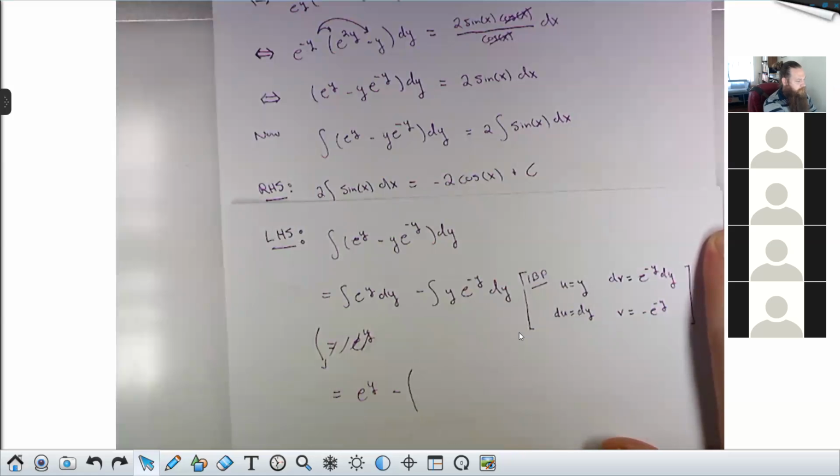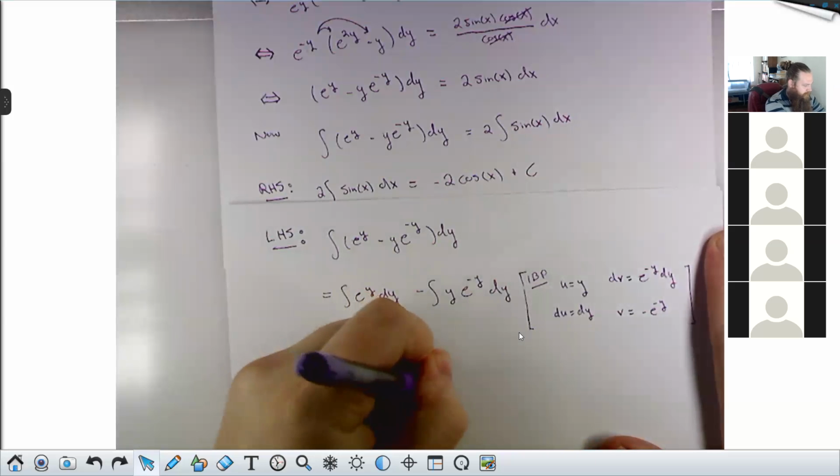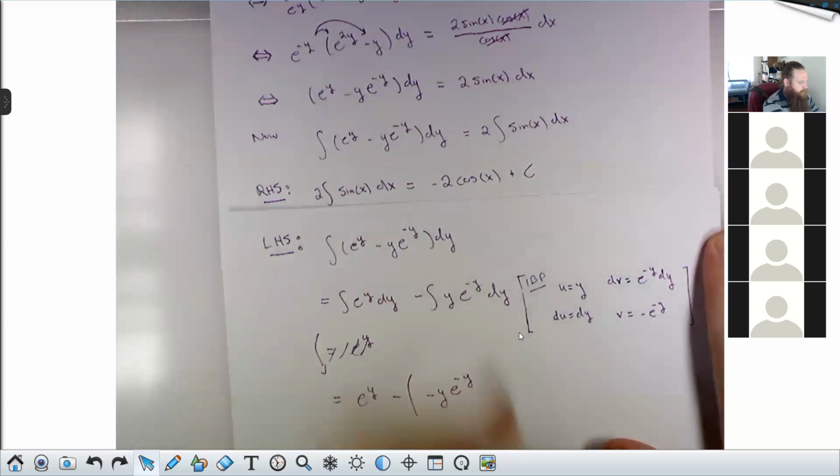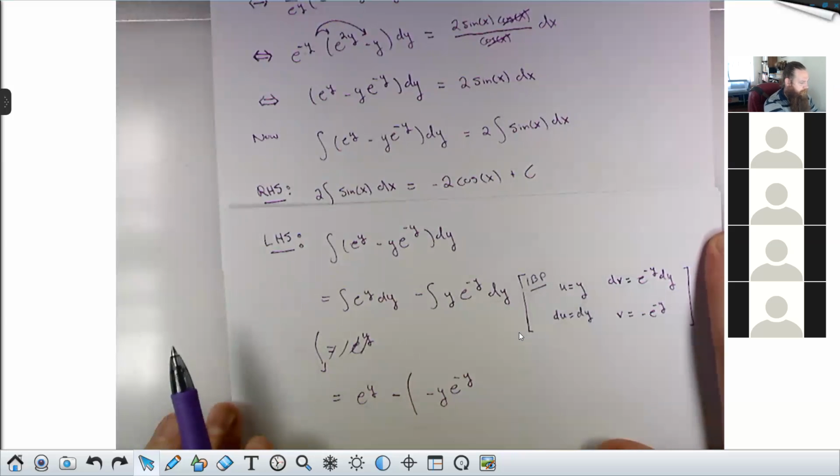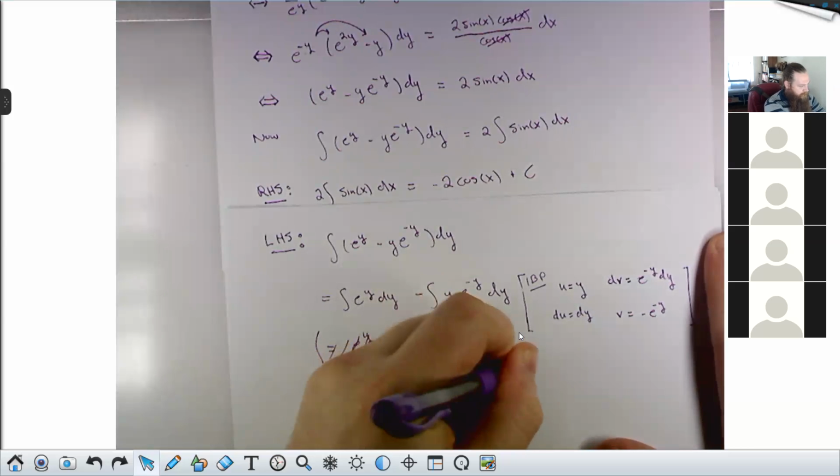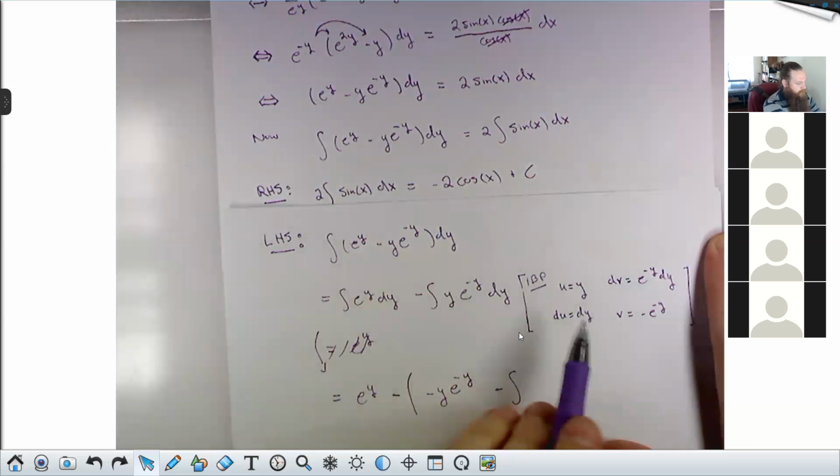Your integration by parts formula, if you remember, is u times v minus the integral of v du. So u times v, that's negative y e to the negative y, right? Y times negative e to the negative y, minus the integral of v times du.